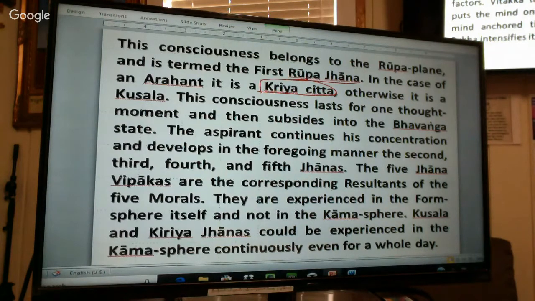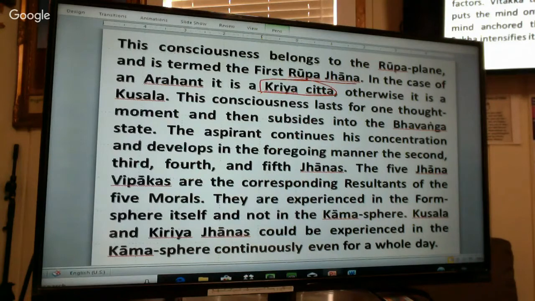So if you already have a jhana, first jhana or second jhana or whatever, you keep on practicing that jhana again and again, and then you have no disturbance for the jhana. So after you die, you will be reborn in the form sphere again because of the power of jhana.